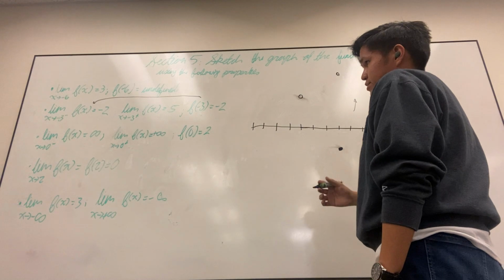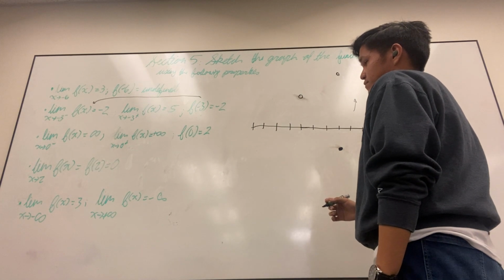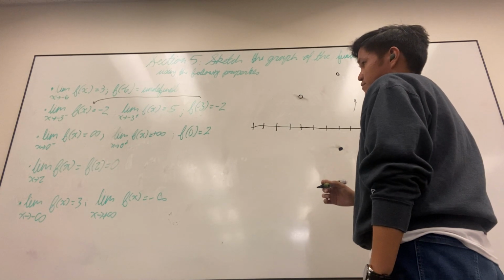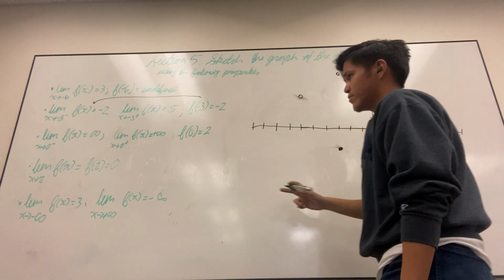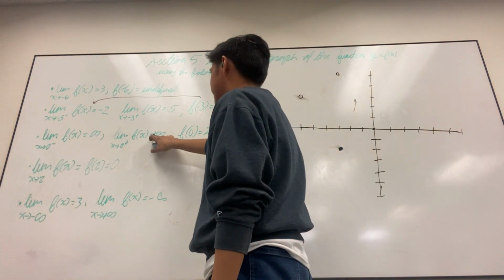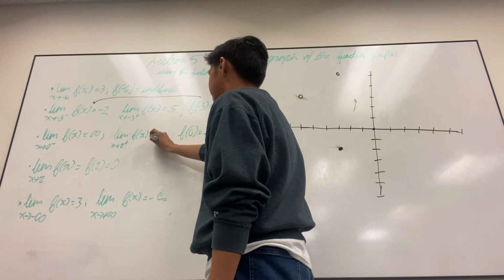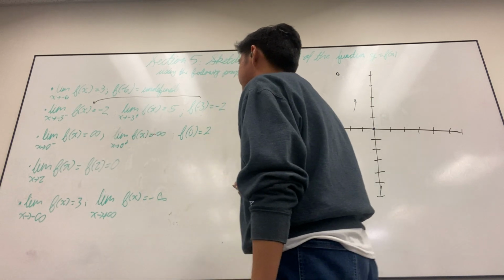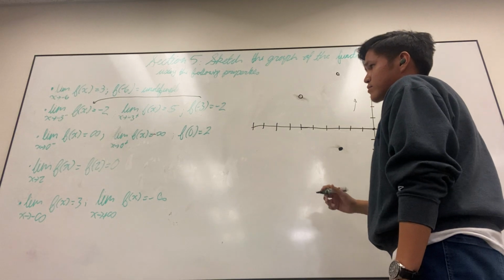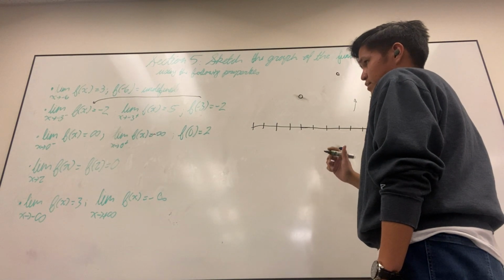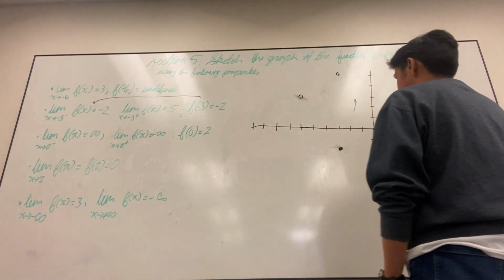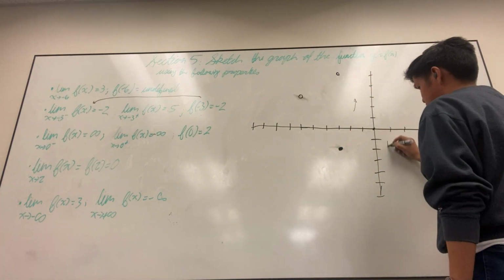Our next information is the limit of f of x as x approaches 0 from the positive side. Would that be positive? Let me check first. This should be negative. Okay. So the limit of f of x equals negative infinity as x approaches 0 from the positive side. So from the positive side, it's going down to negative infinity.